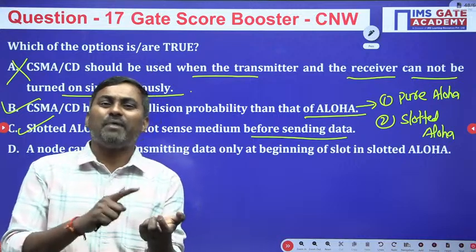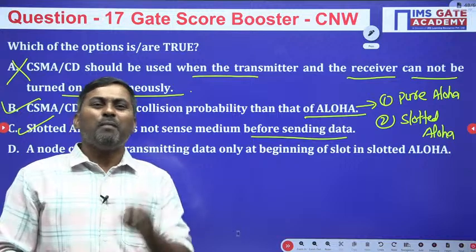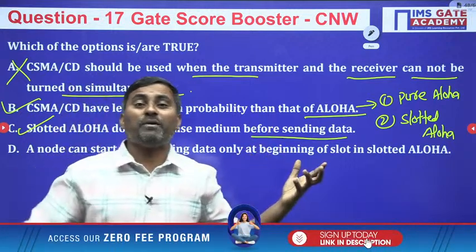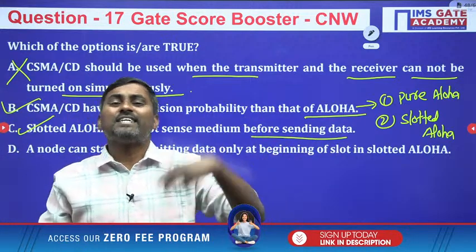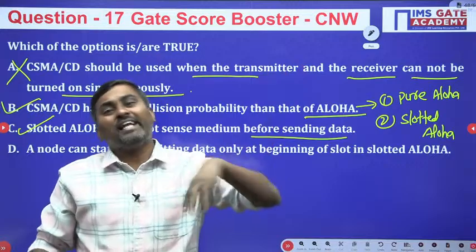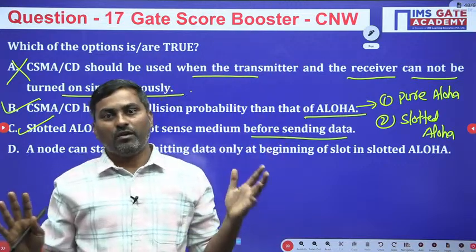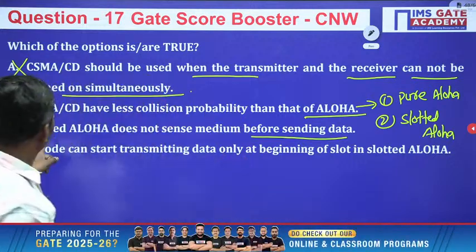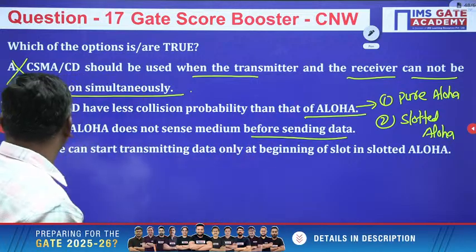Aloha, CSMA, these are all random access protocols, even CSMA/CD is also a random access protocol, but only detection we have. In case of Aloha, please understand, there is no such sensing mechanism. A station can transmit whenever it wishes, any number of stations can start transmitting. Collision is highly possible here. So there is no sensing mechanism in case of slotted Aloha.